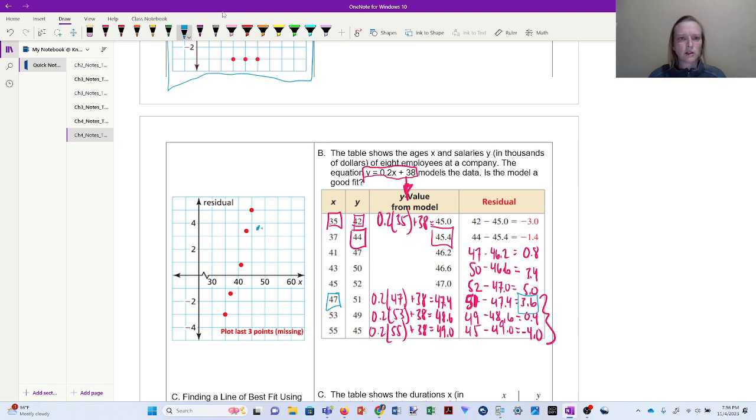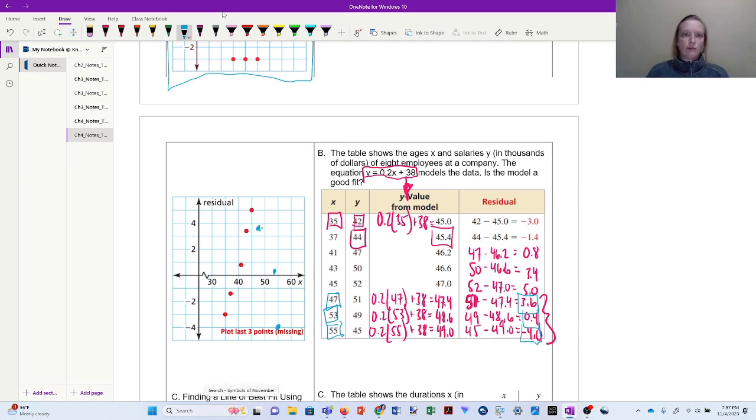No, 47 is a little closer this way. Then at 53 and 0.4 would be around here. And then 55 and negative 4.0 would be about here.